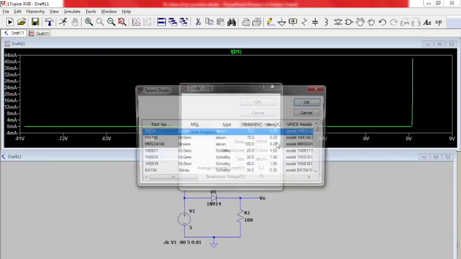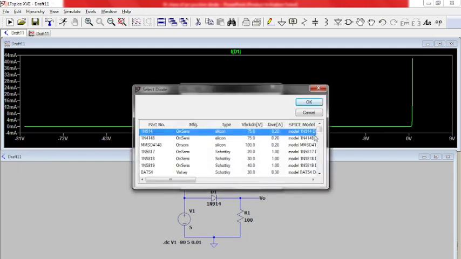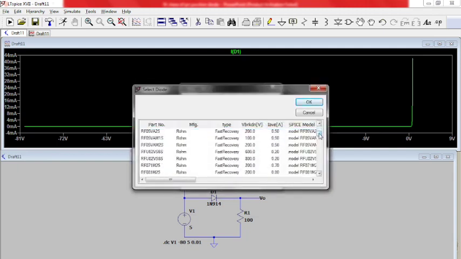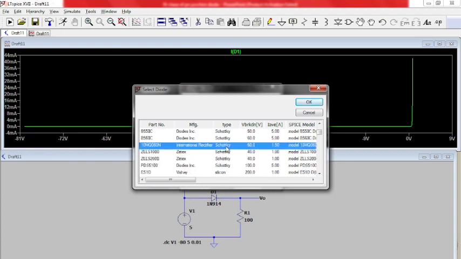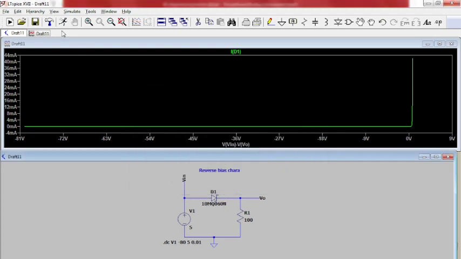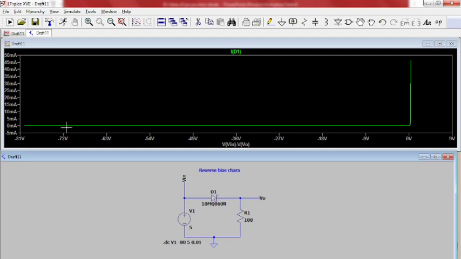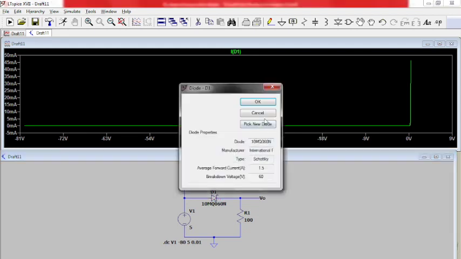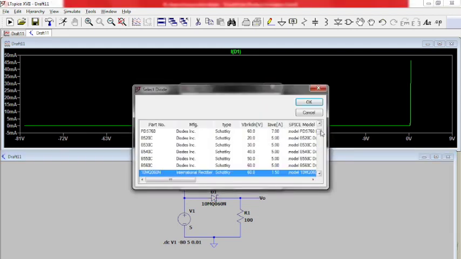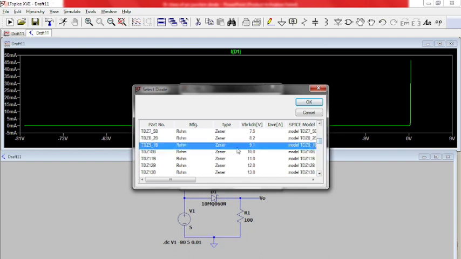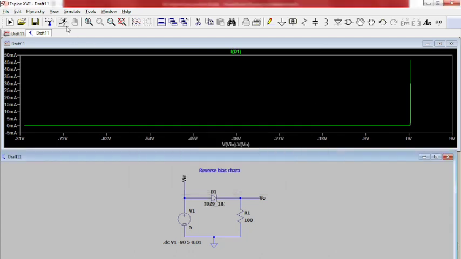Suppose I am taking another Schottky diode and simulate it. Here it is also like this. Change it to a general diode. What happens?